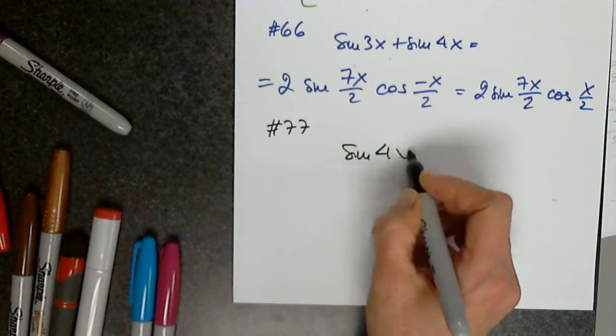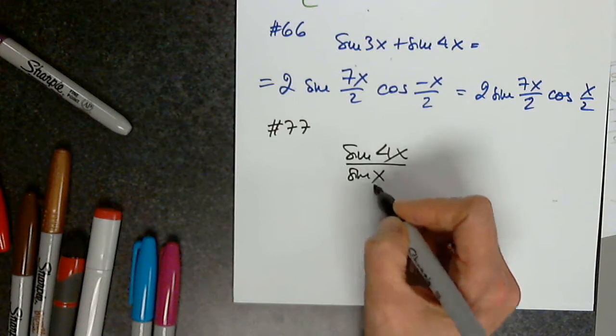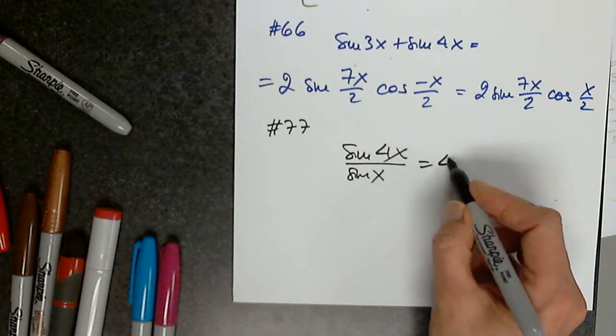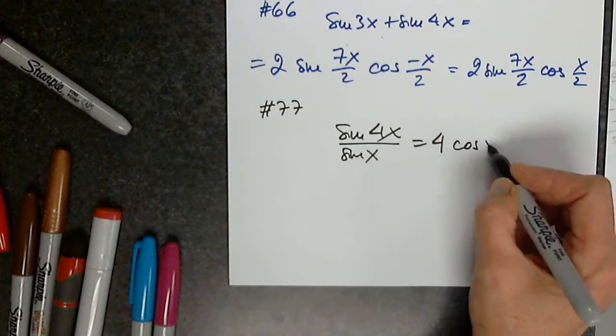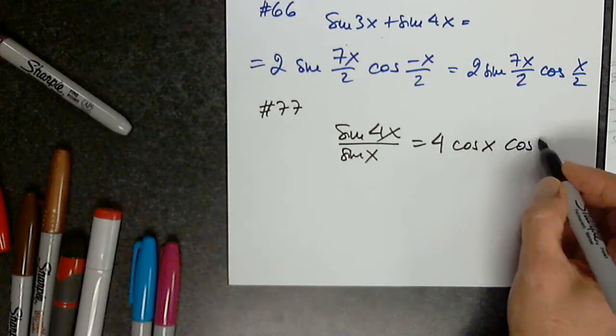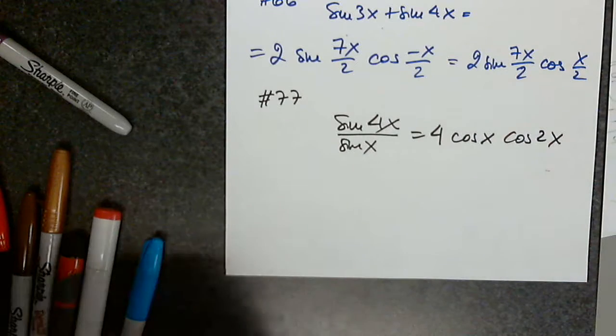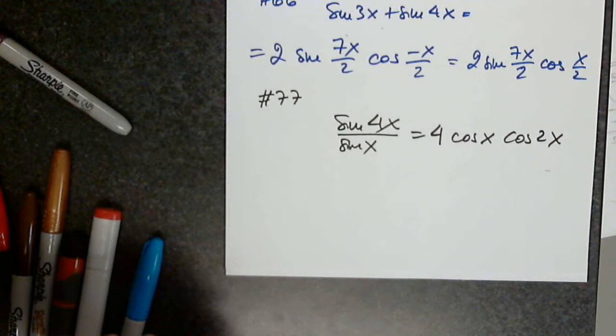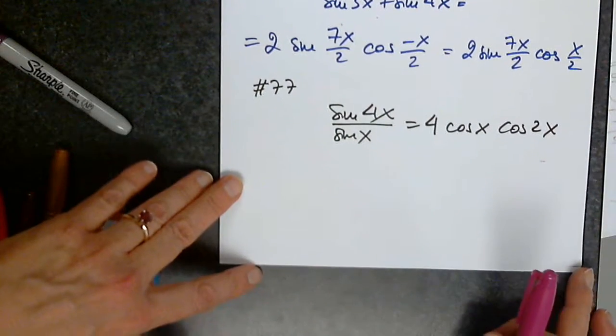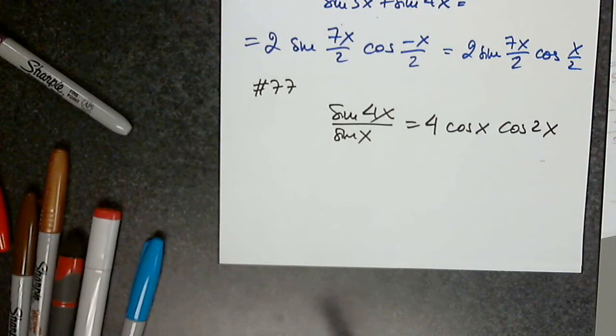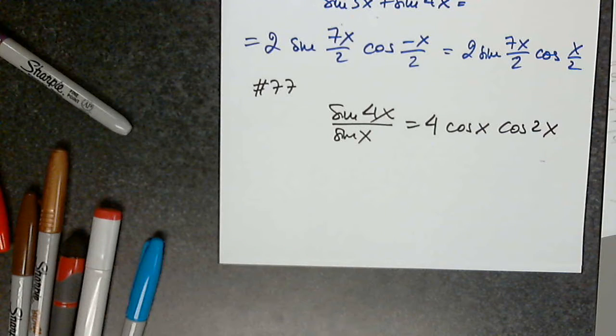Sine 4x over sine x, they say, is 4 cosine x cosine 2x. We just picked the problem.